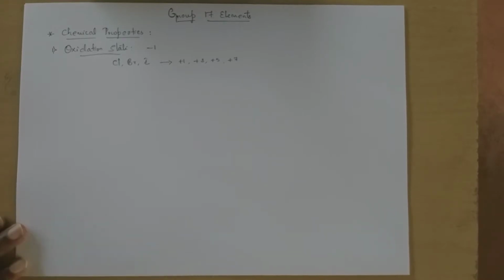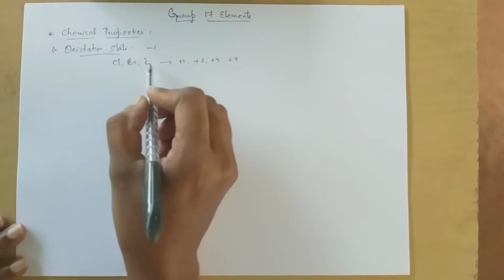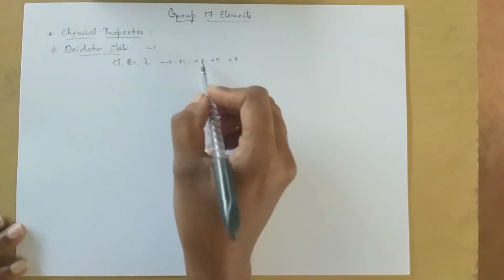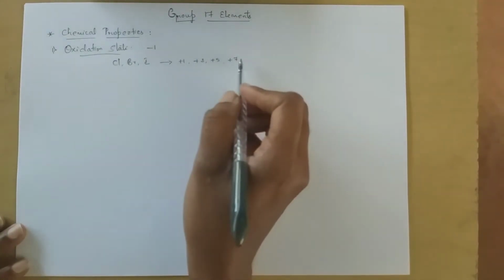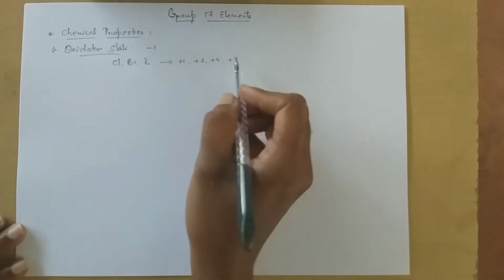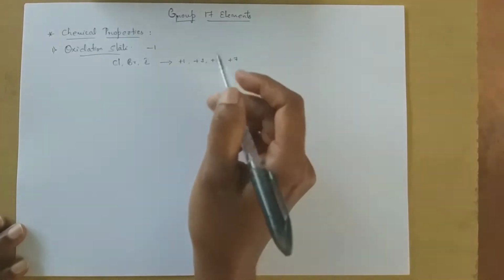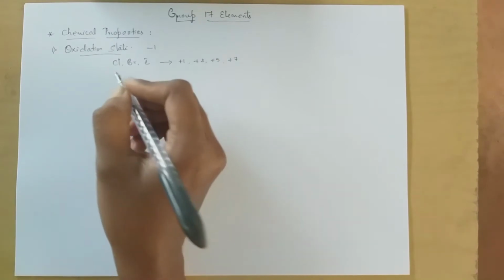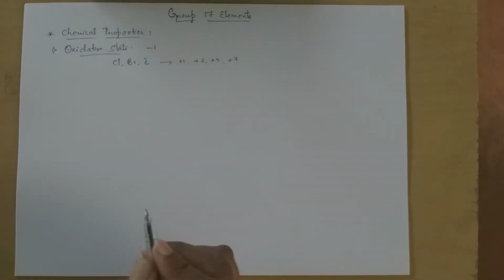Because of vacant orbitals, even these elements, chlorine, bromine, iodine, exhibit +1, +3, +5 and +7 oxidation states.